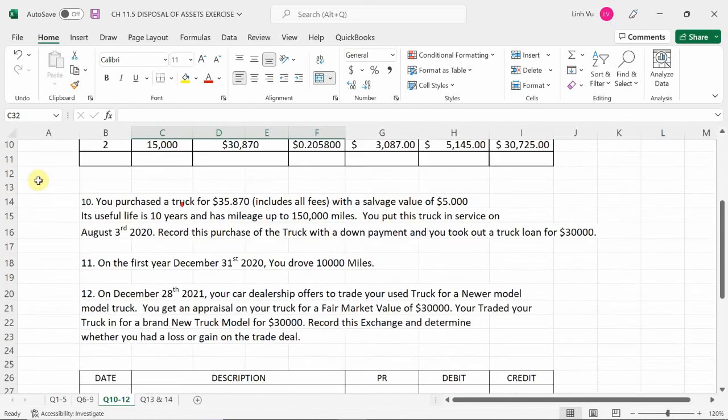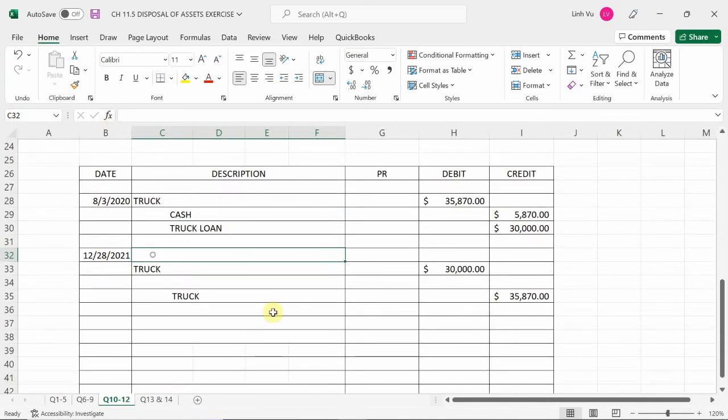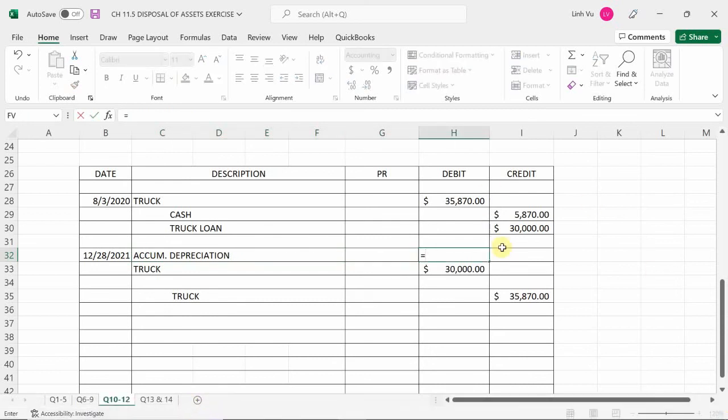Your accumulated depreciation, exactly. So in this case, I have to take that out too because I have this representing that I used my truck. So therefore, since I don't have my truck anymore, I don't need that account anymore. So in this case, how much in grand total did I use my truck for?